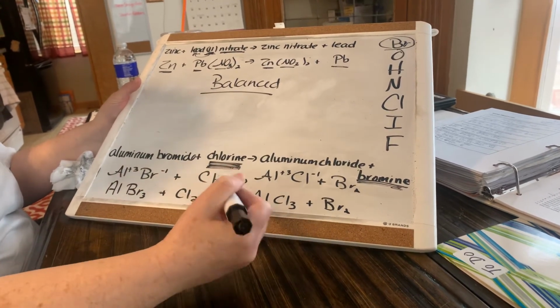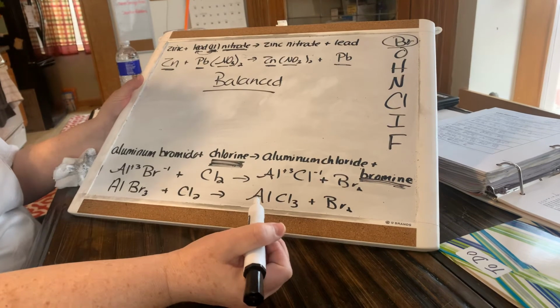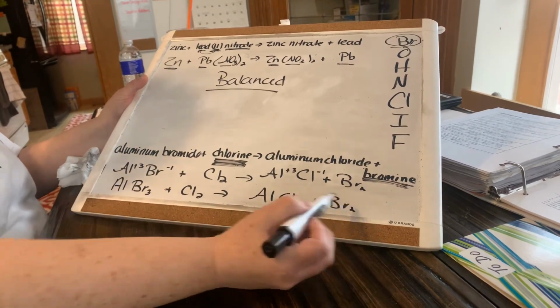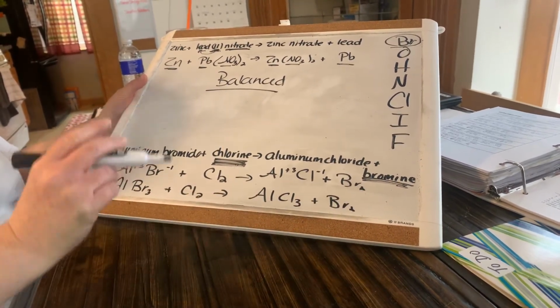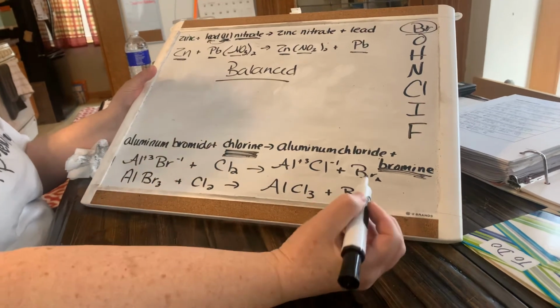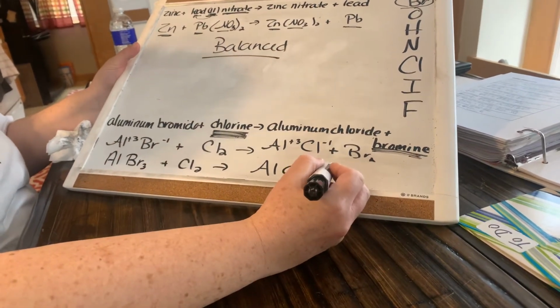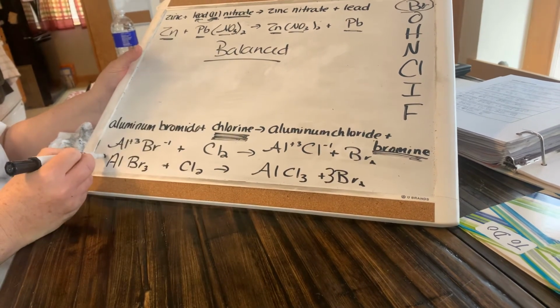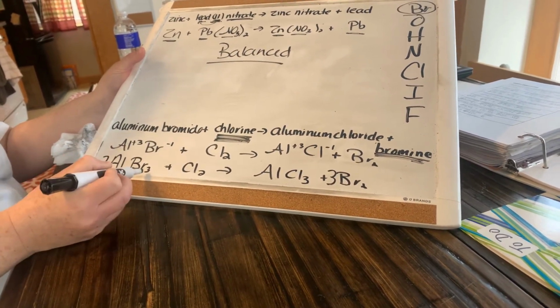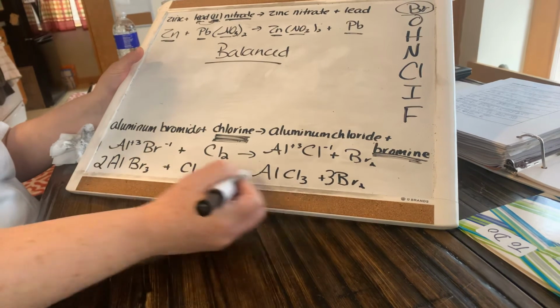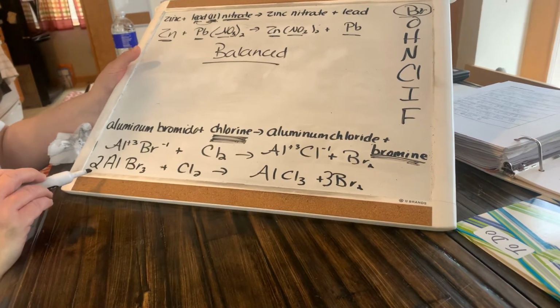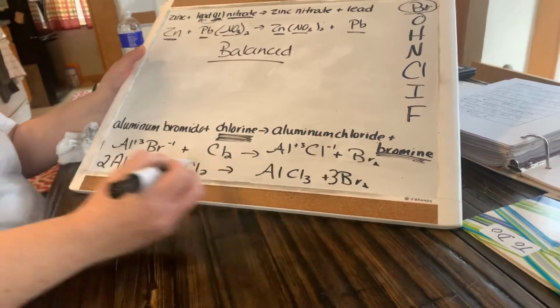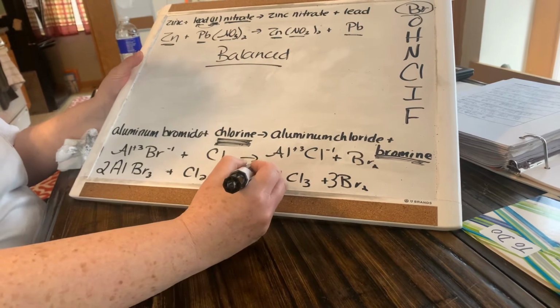So it's the same thing. Okay? See how you have 3 and 2 and 2 and 3? It's the same ratio. So when you do this, when you put a 3 here to get 6 and a 2 here to get 6, you're going to do exactly the same thing with your chlorines. Your chlorine, in front of the 3, you're going to put a 2.